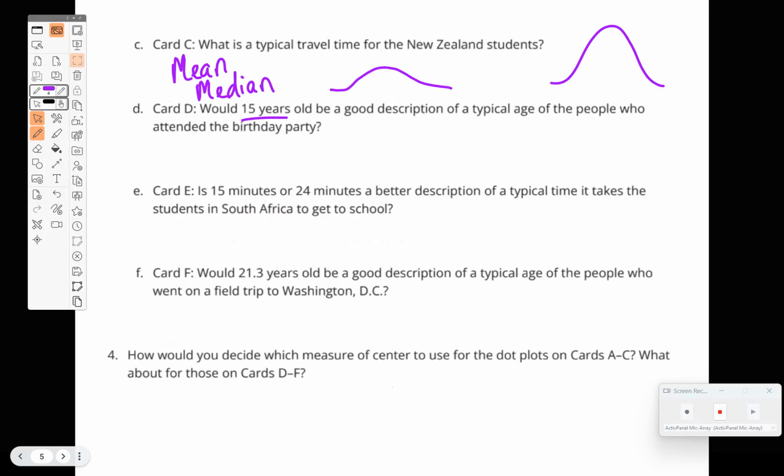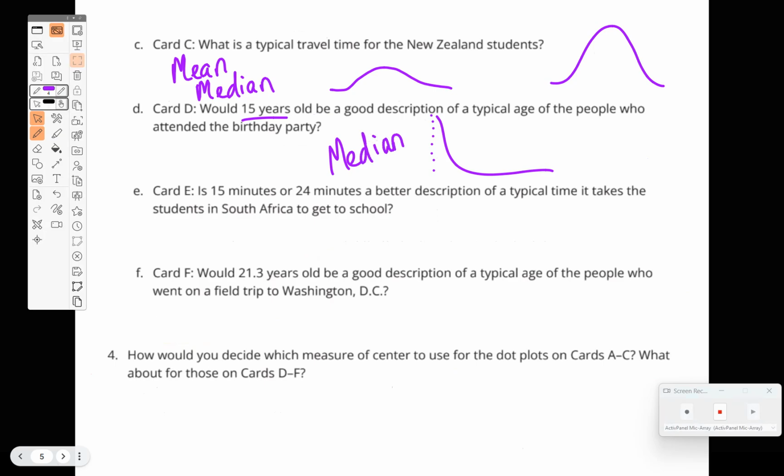Because I know that I'm the highest frequency. Okay, so we have a high frequency where? About 7? Maybe 8. Okay, so when we had that high frequency right there, would you agree with the median then? The median was a better indicator.